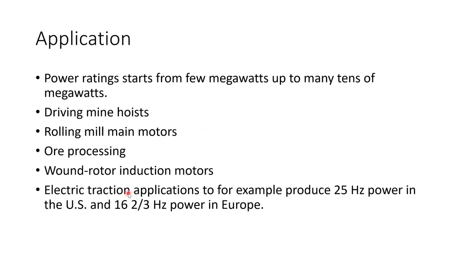Now where do we actually need this control of frequency? If we need to control the speed of the induction motor, for instance in escalators or in high power ratings, in driving mine hoists, rolling mills, ore processing, wound rotor induction motors, and applications like this, cyclo converters are very useful.